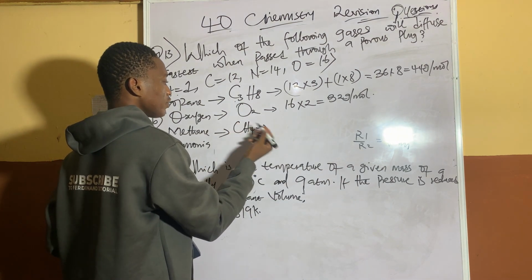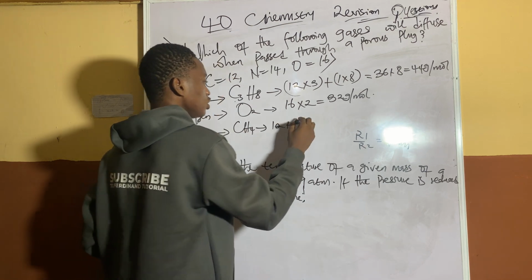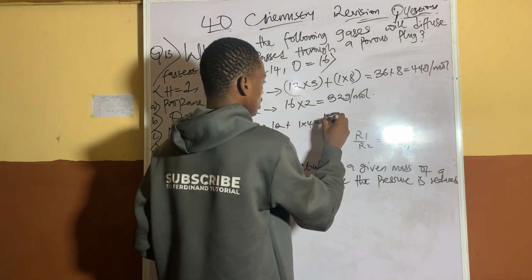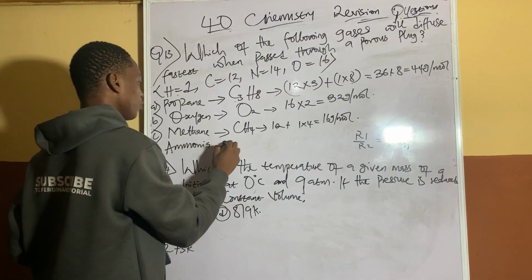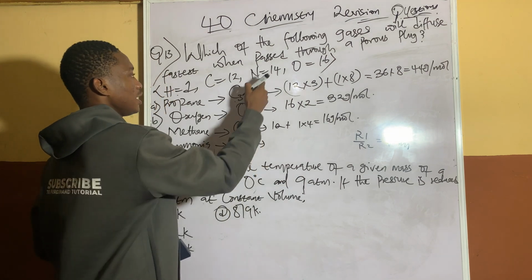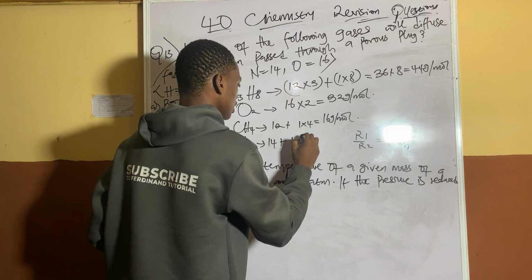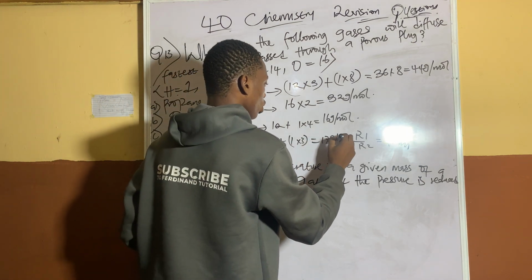Carbon is 12, plus hydrogen, 1 times 4, so 12 plus 4, which is 16 grams per mole. Ammonia is NH3. N is 14, plus 1 times 3, which is 14 plus 3, which is 17 grams per mole.